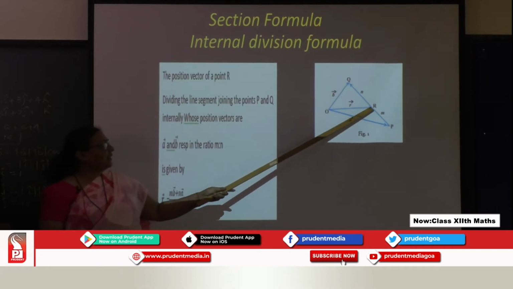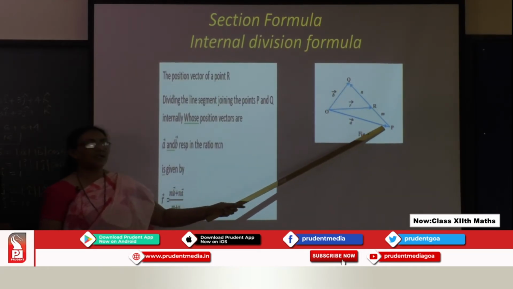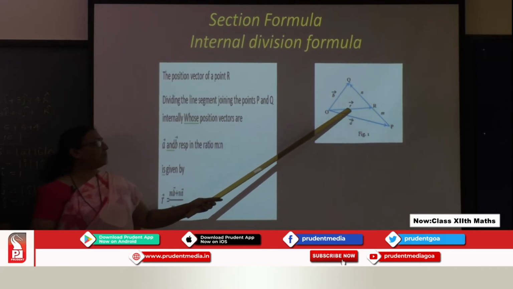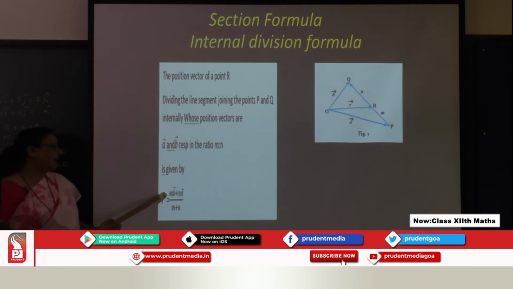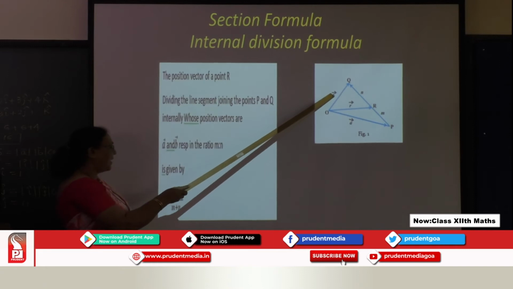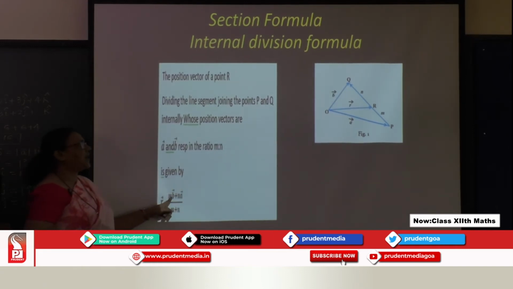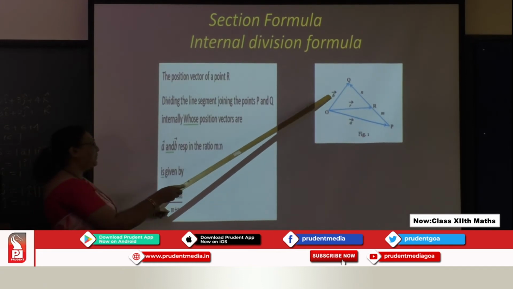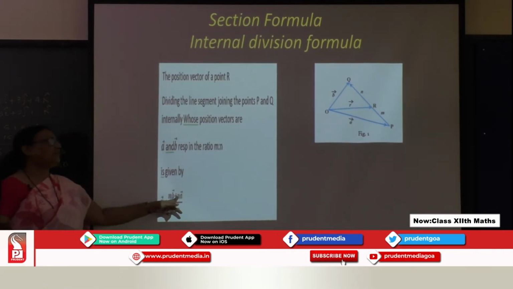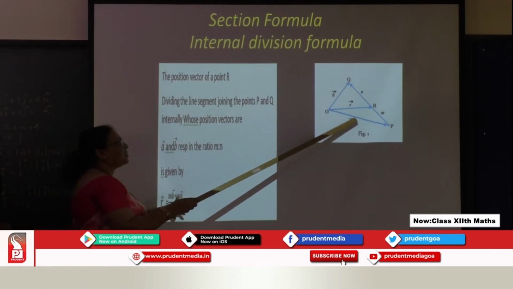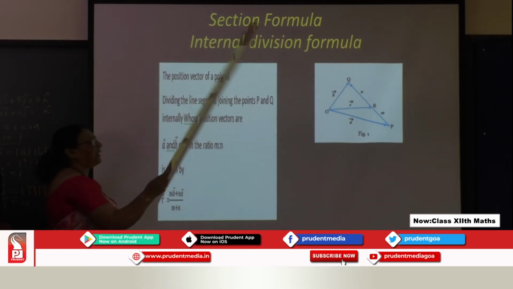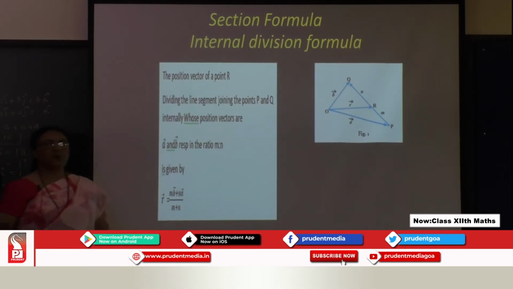R divides the vector in the ratio m:n. Then the vector r bar is given by m times b bar, plus, since it is the internal division formula the plus sign will come, n times a bar, divided by m plus n.